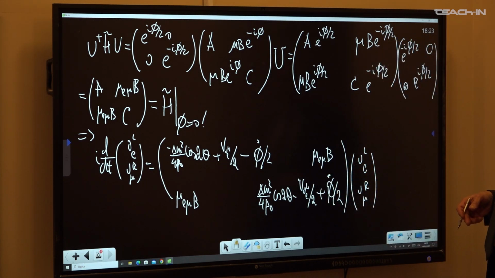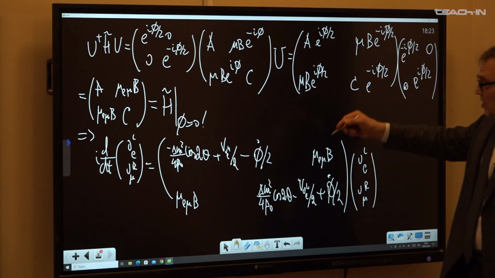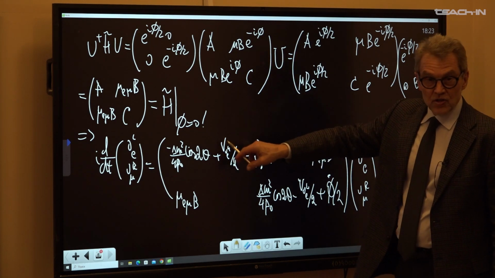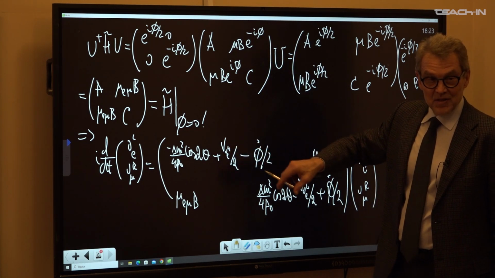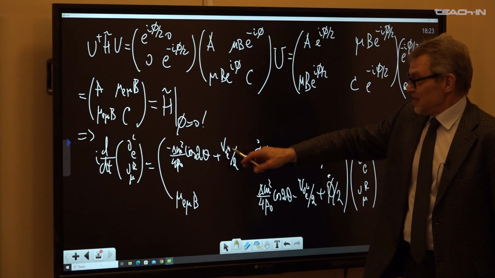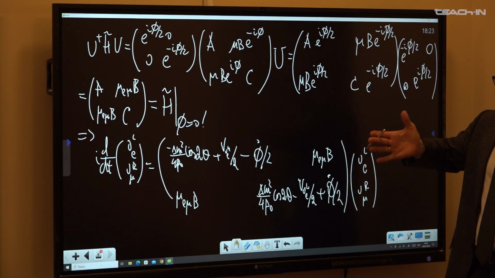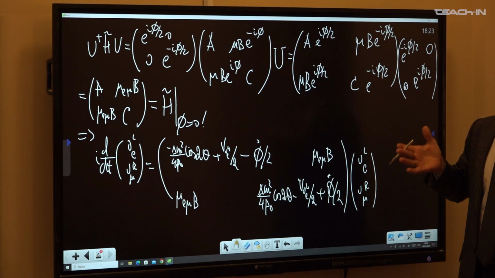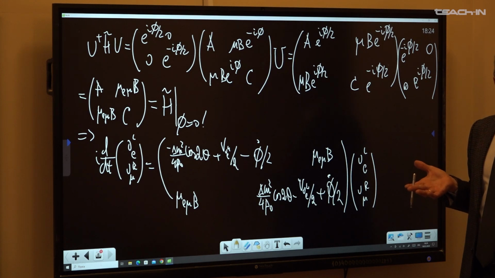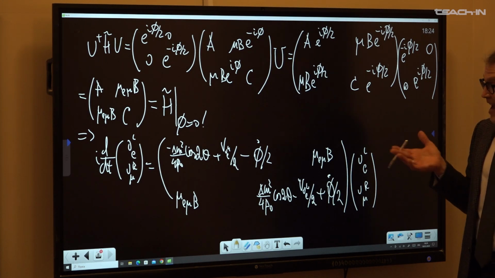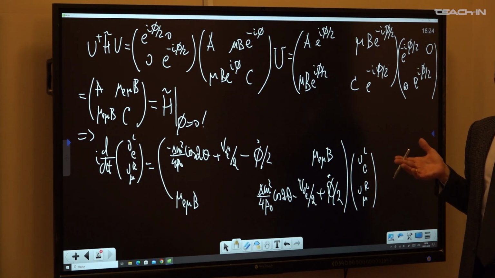Probably you understand that initially we had only the potential here, but I distributed it between this line and this line. You understand that from the point of view of the probability of oscillations, you can add or subtract to the Hamiltonian evolution any new part that is proportional to the unit matrix.